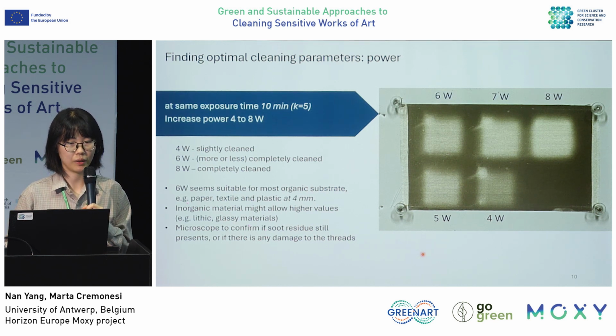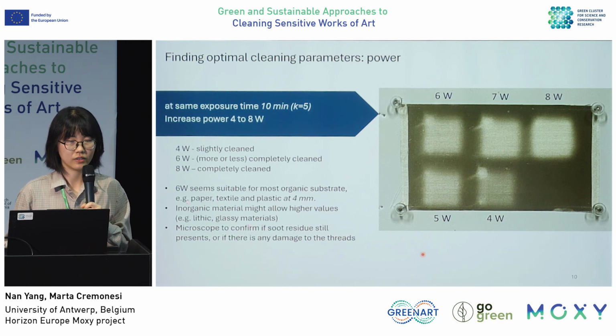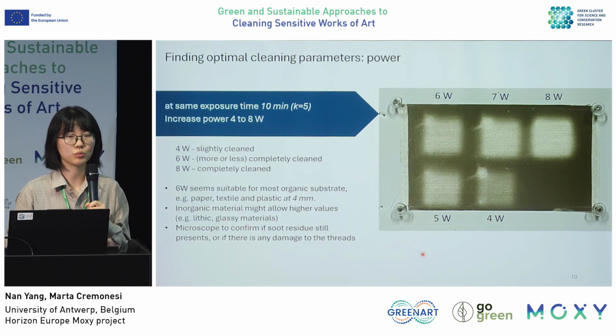We've tested paper, textile, and some of the plastics at the 4 millimeter distance. And 6 watts seems quite safe for organic substrates, especially when we move faster, so the heat can be spread all over the sample, not just focusing on one single spot.